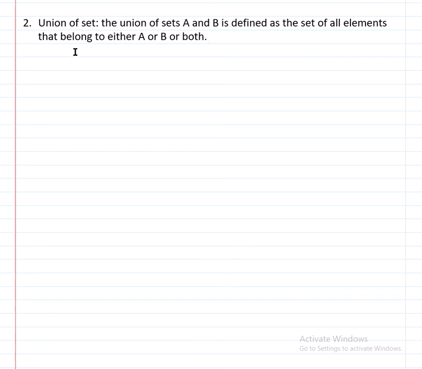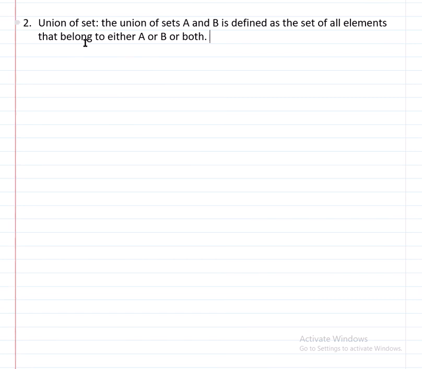Okay, so when we talk of union, use the English word union. Union means bringing two people together as one. So don't let this too plenty English confuse you. Just put that in your mind.